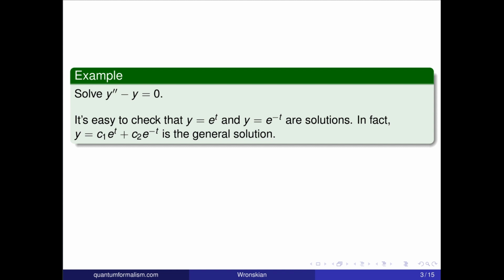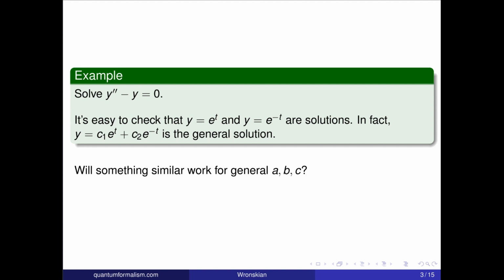And I claim that this expression with two arbitrary constants is the general solution, right? Something having two arbitrary constants makes sense as the general solution because we know from the existence and uniqueness theorem that the initial value problems we're trying to solve have two initial conditions, right? The initial position and the initial velocity, like the initial value of y and the initial value of y prime.